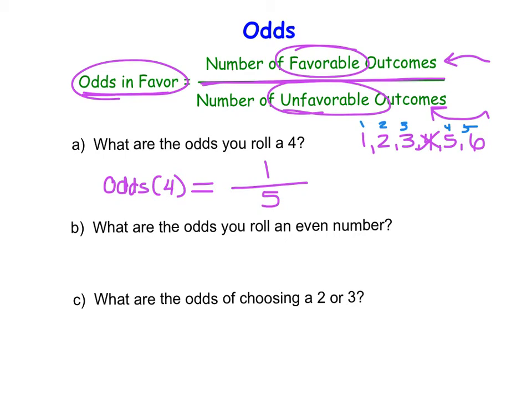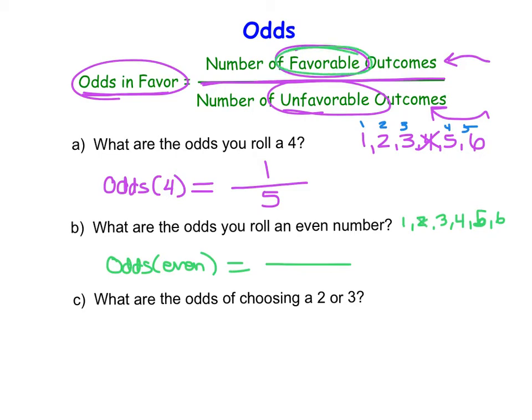So now if we look at the next one. It says, what are the odds that we roll an even number? So again, if we think about all of the outcomes, 1 through 6, the odds that we roll an even number in our numerator needs to be the favorable outcomes.